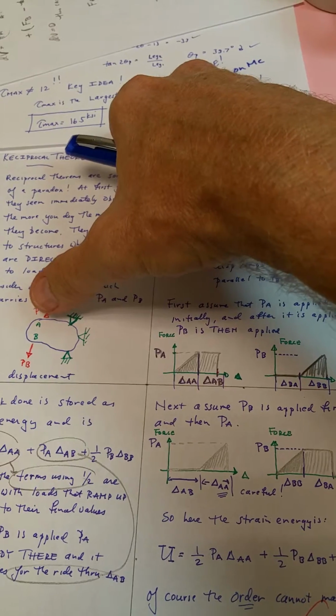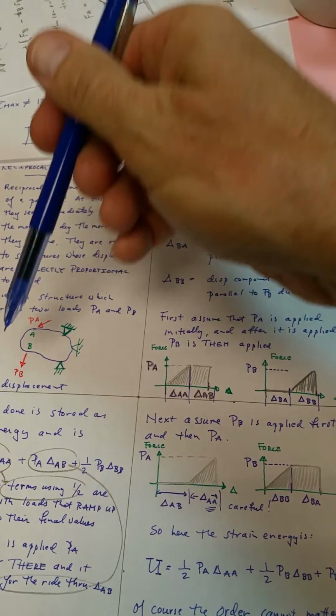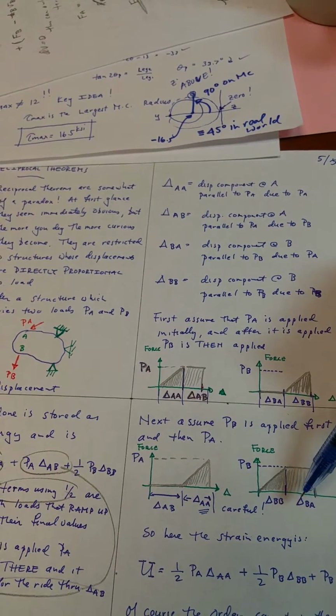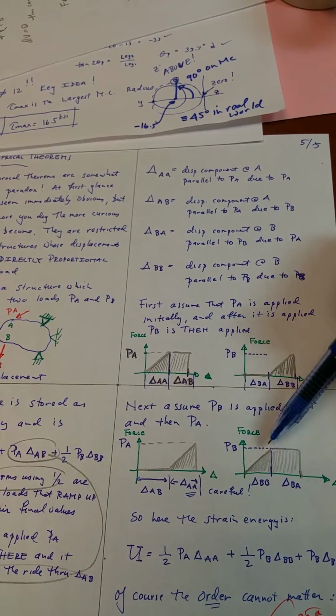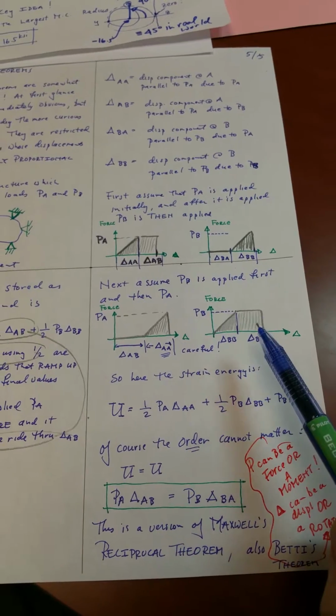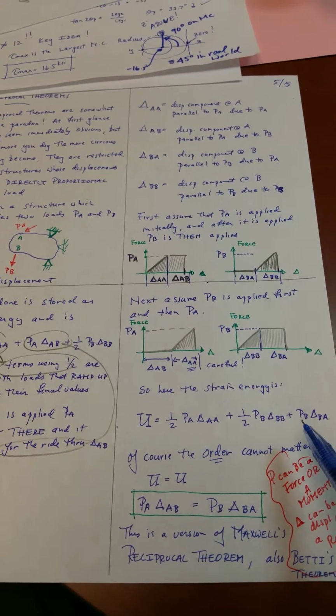And then what happens? PA kicks in, and now we're looking at the work done by PB on B due to the force at A. So the double subscript is super helpful here, and that's the rectangle. So here we have a triangle, and a rectangle, triangle, triangle, and a rectangle.